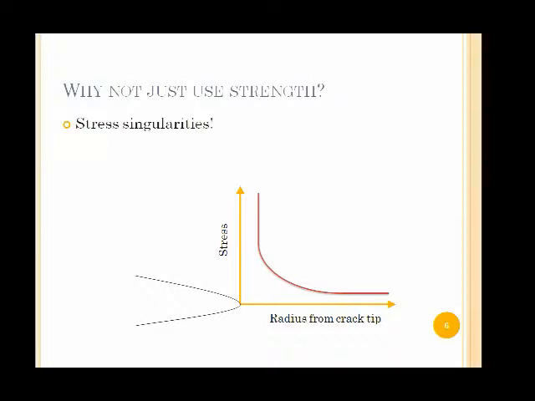So why don't we just use strength to predict our slab capacities or predict how long a concrete structure will last? Well, you can't just simply take a structure if it has a crack in it and take the surface area and divide it by the load to get a stress, because you have these stress concentrations at these crack tips.